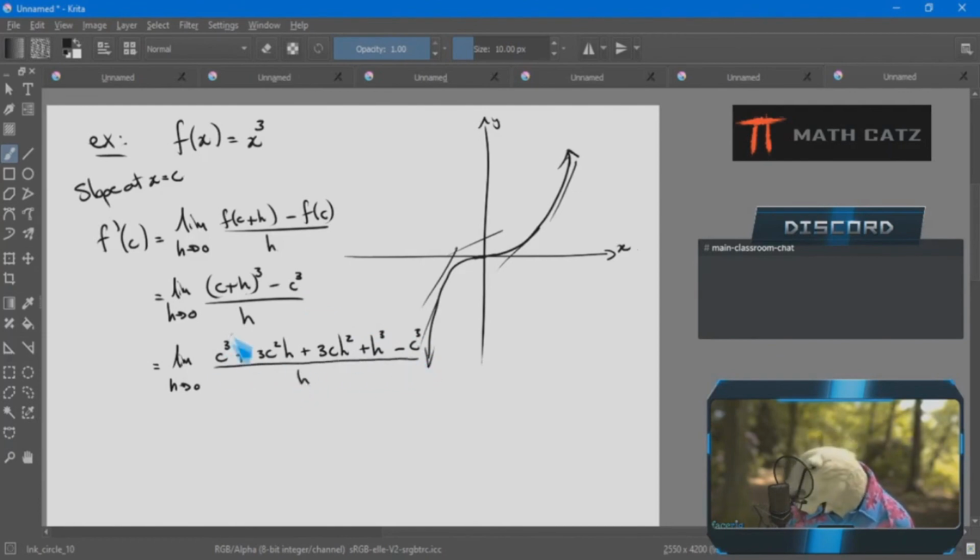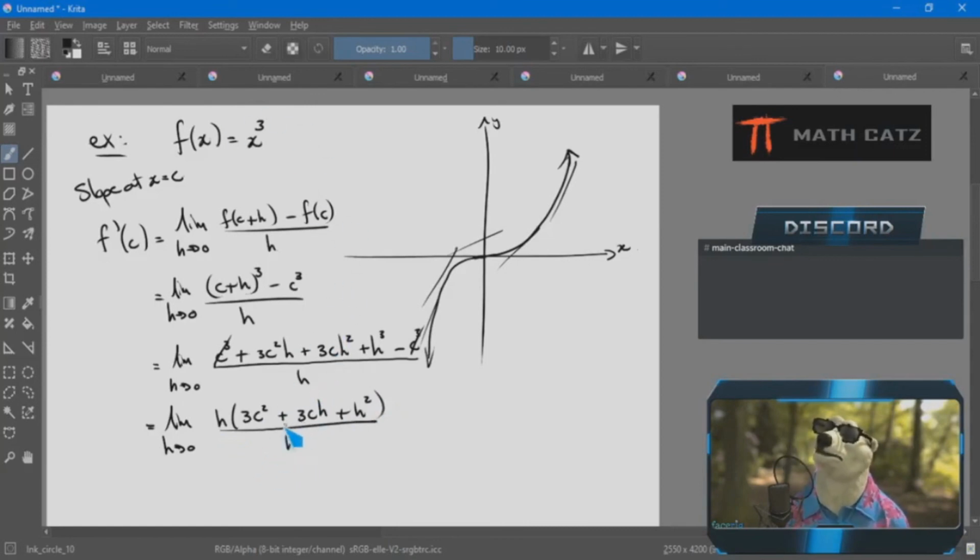And now you see that the two c cubes cancel. And in what's left, I can factor out an h, 3c squared plus 3ch plus h squared left in the bracket. Yeah, more complicated function, more algebra.